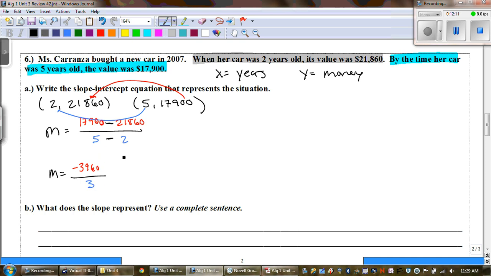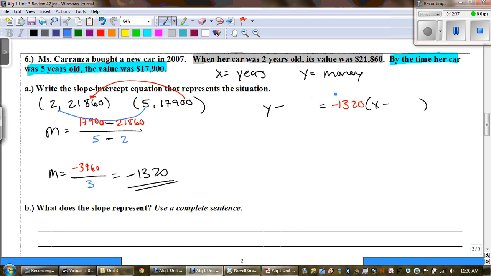You should be able to do that. And when you divide that answer by 3, you should get a slope of negative 1,320. That's important because now we have to plug that into the equation. Our slope is negative 1,320.